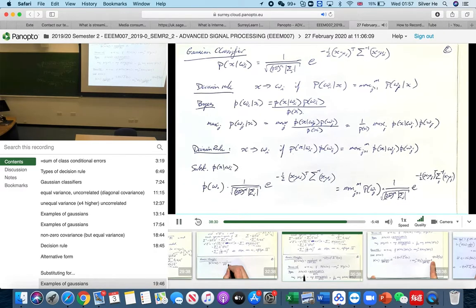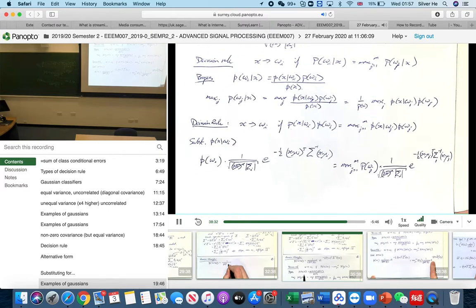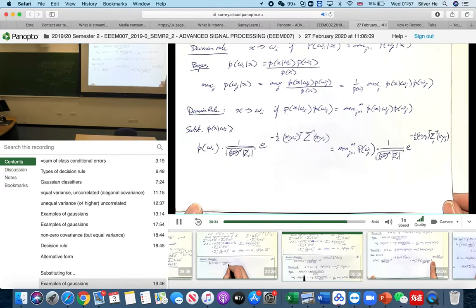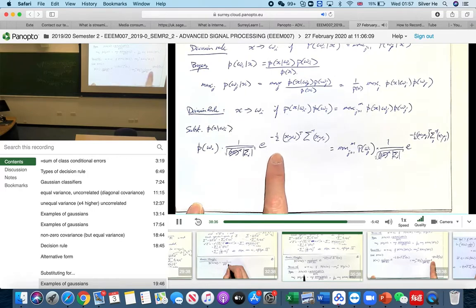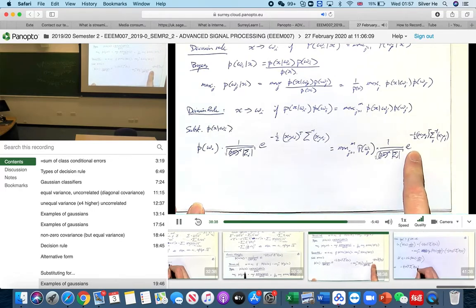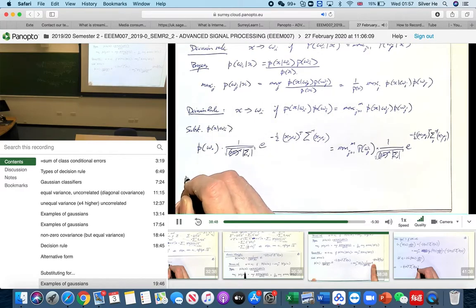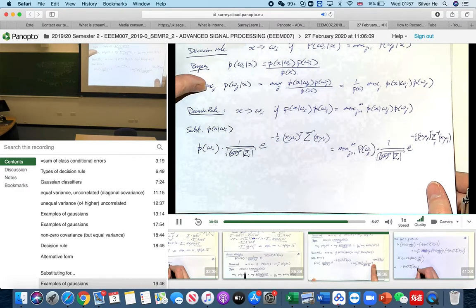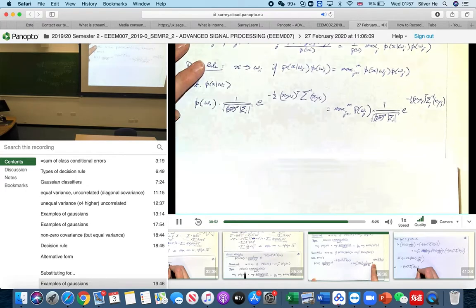Okay, this is still a bit horrible looking. Well, let's get rid of this e by taking logarithms of both sides. Okay, we'll end up with a log of p of x, but it will at least simplify things a bit. So, actually, let's go on to another sheet to do that.